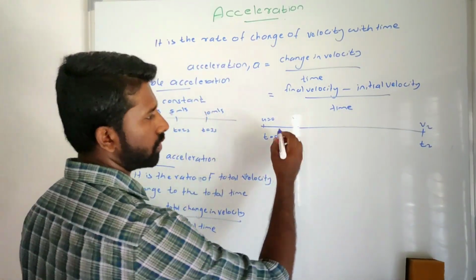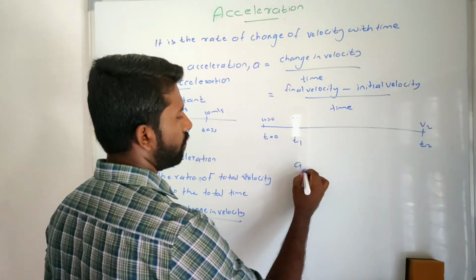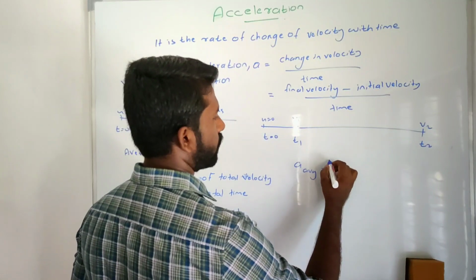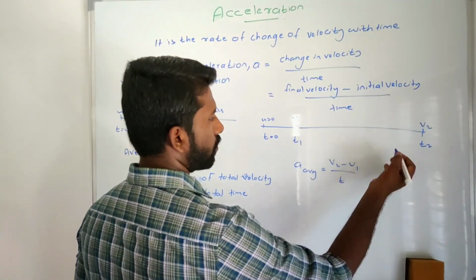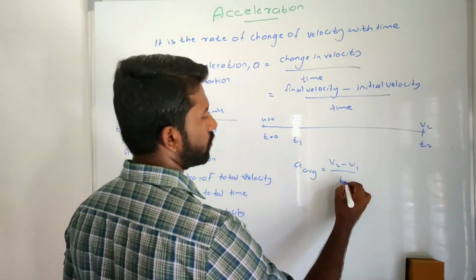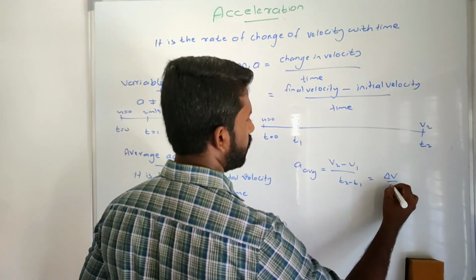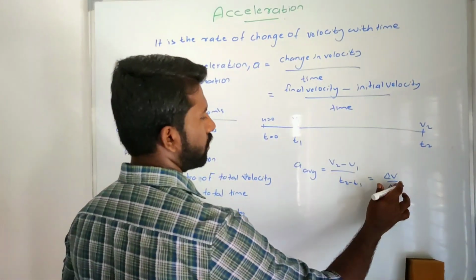I want to find out the acceleration in this interval. So a average is equal to what? What is the total velocity change? The final velocity V2 minus V1, divided by the total time, that is T2 minus T1. This I can write as delta V divided by delta T: change in velocity divided by change in time.